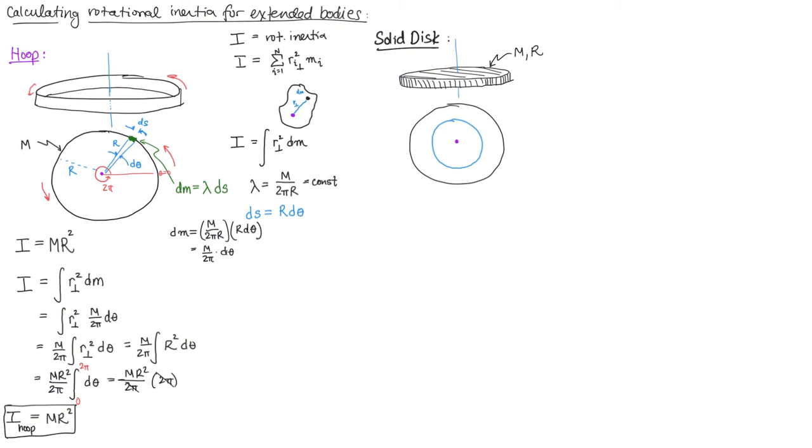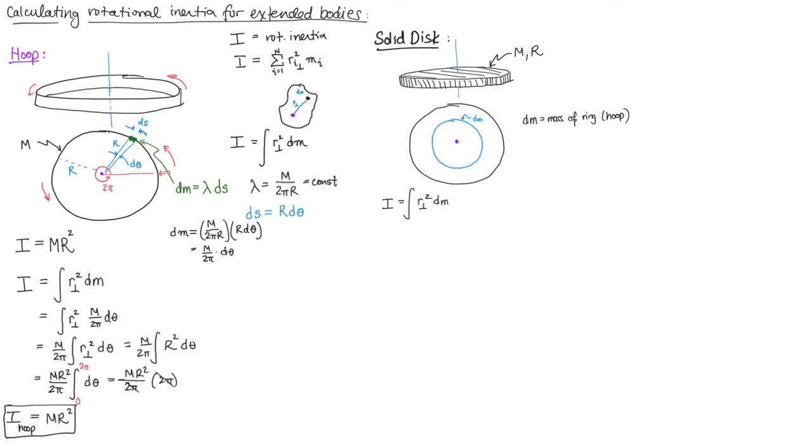Okay. So how might we approach this? Well, we still have the case that the rotational inertia for this extended object is given by the integral of r perpendicular squared dm. Okay. This time, our dm is the mass of this whole little ring, which we might call a hoop.